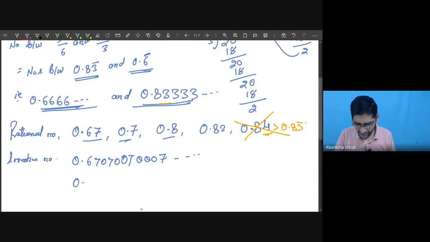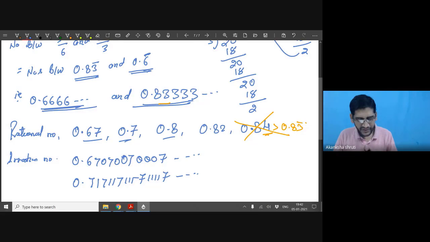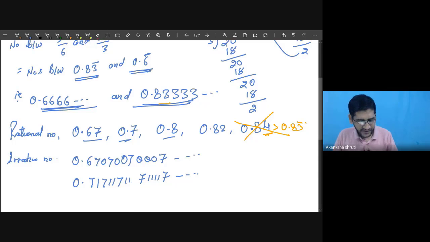Other one may take 1.6 or 1.7, even we can also take 71, 711, 7111, even this 7111. So 3, here 4, 7, go on. So this is the way of taking.